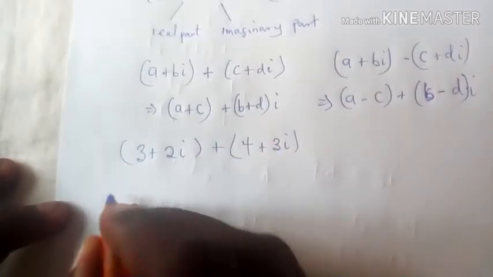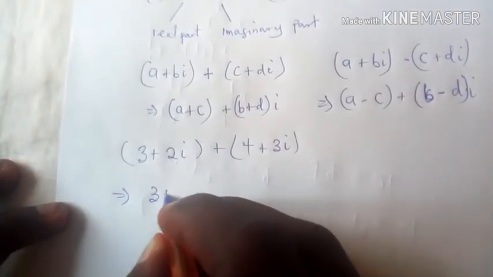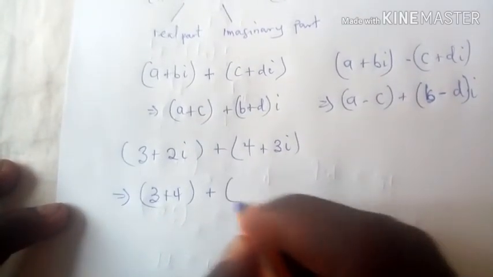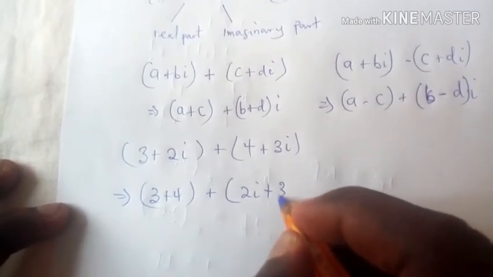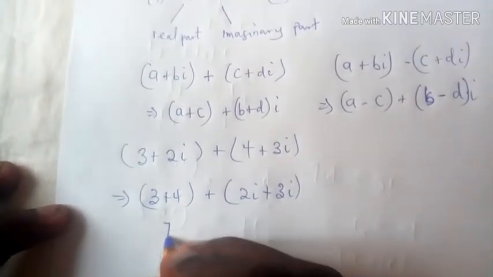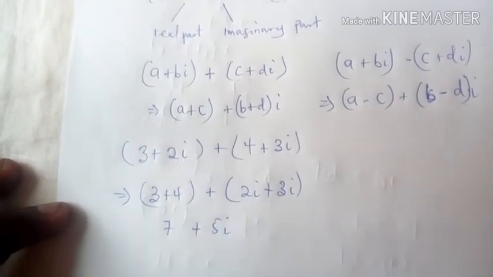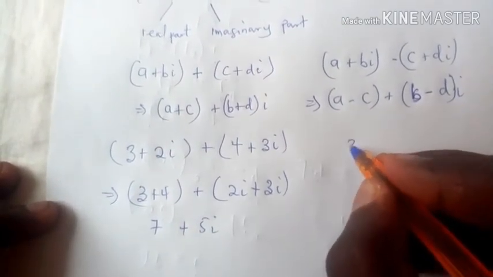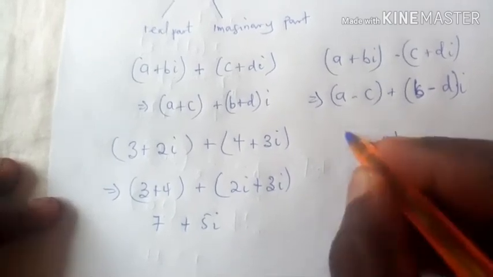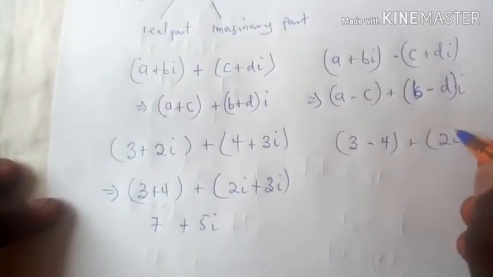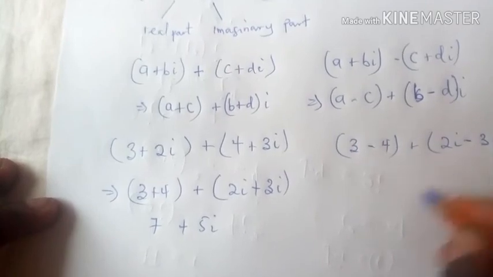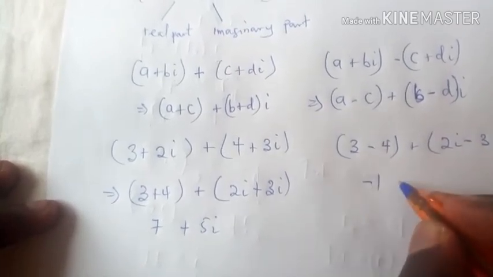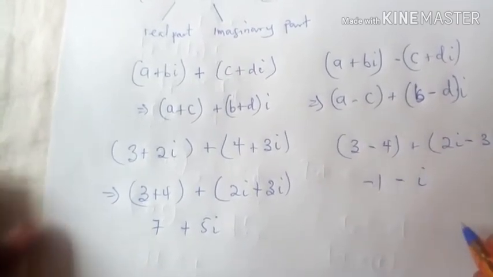It's just a matter of adding the real parts: 3 plus 4, and 2i plus 3i, which gives us 7 plus 5i. Similarly, if you have to subtract, this is going to be 3 minus 4 plus 2i minus 3i, which is negative 1 minus i.